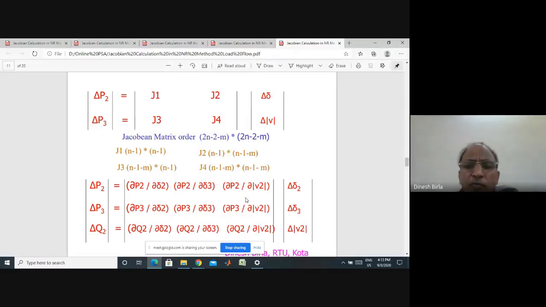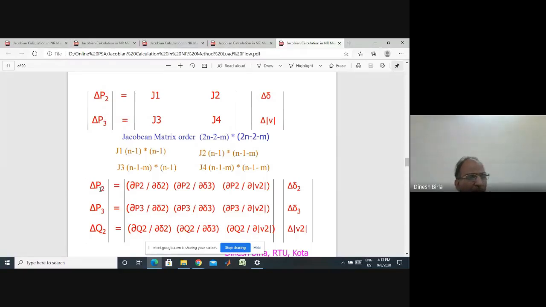Okay. See, J2 is nothing but the partial differentiation of active power with respect to voltage. In this case, there are two active powers, del P2 and del P3.